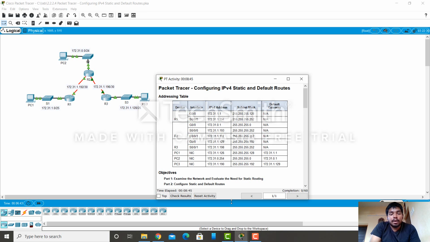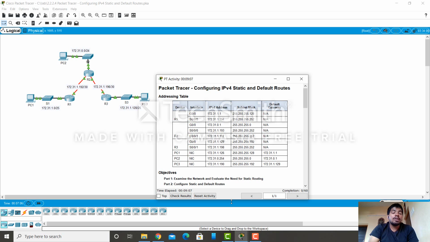First R1, interface S0/0/0, IP address 172.31.1.1, subnet mask 255.255.255.128, default gateway N/A.